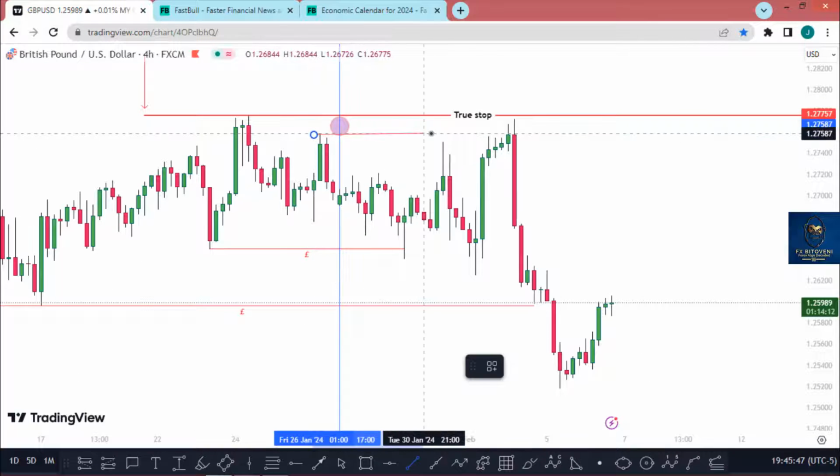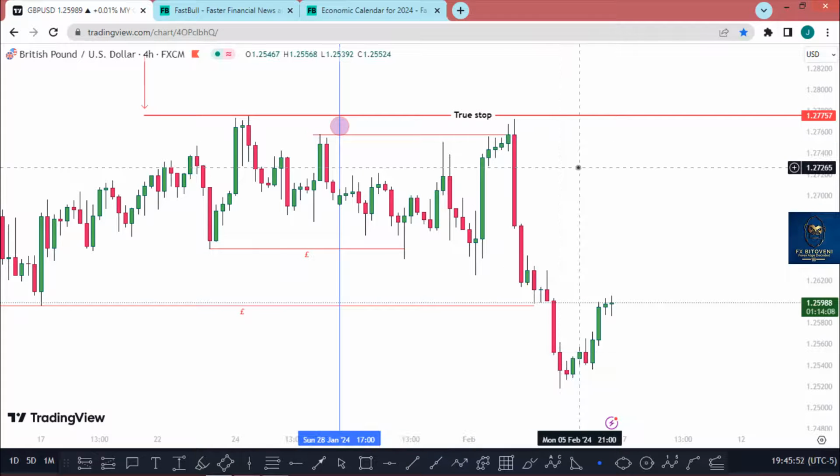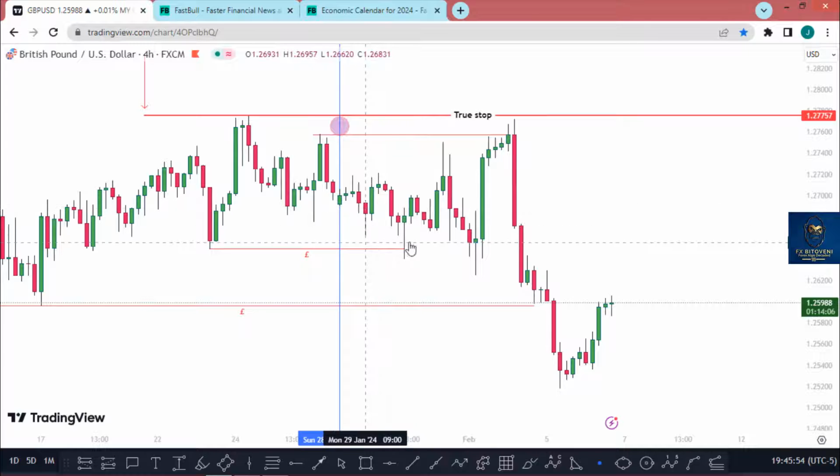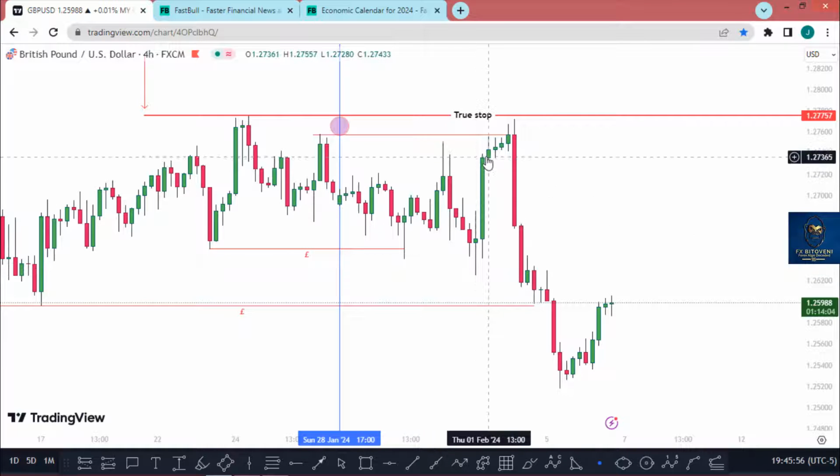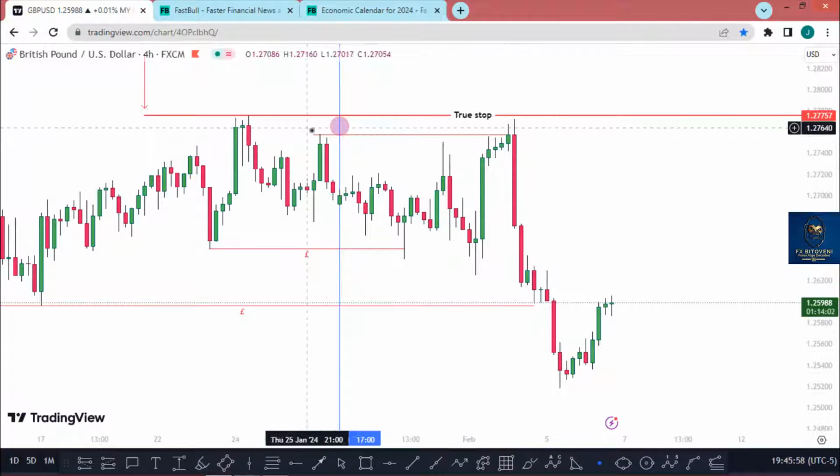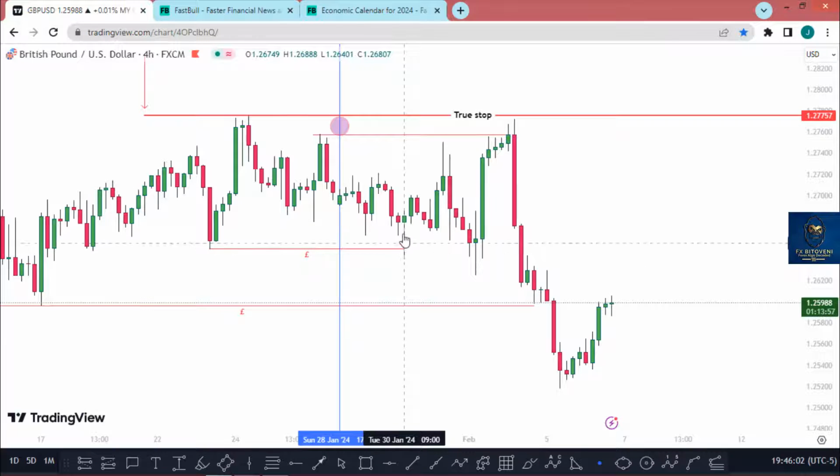liquidity on the top. The market took this liquidity and immediately went higher to grab what? To grab internal liquidity. So why is this happening? Remember, on a high time frame, we are seeing that this is a liquidity target, but once a new candle starts, it immediately went down to take this liquidity.